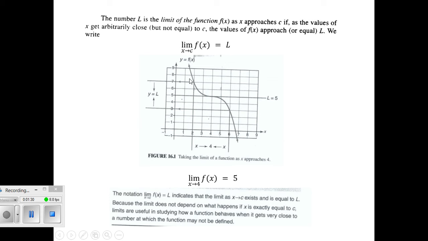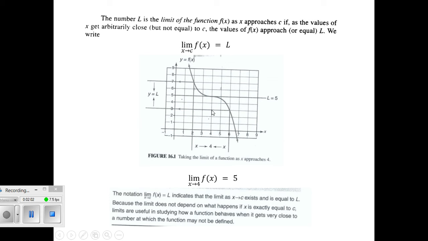Here's our function. Here's our x value of 4. Now, as we approach means we have to approach it from either side, from values slightly larger than the x value of 4. That doesn't mean at 10 or 8 or anything. Values just very close to 4, but slightly larger. And as we approach it from the left side, values slightly smaller.